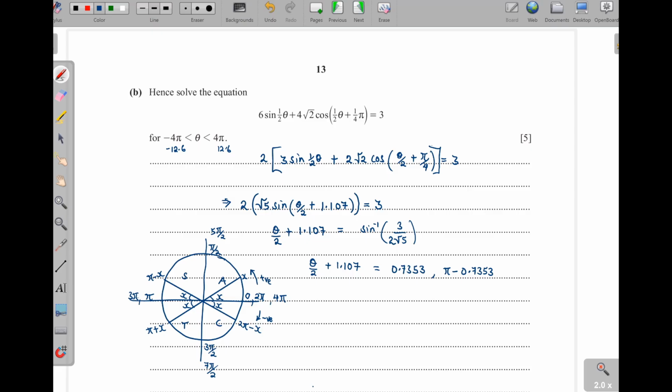We have pi. By the way, to reach here, you can also move like this, then you come like this. You see that? Then when you subtract off this one, then you come back this way, then times 2. So many ways to do that. Now the other pair is going to be 2 pi plus 0.7353, and then 2 pi plus, now this one you are having here, pi minus 0.7353.